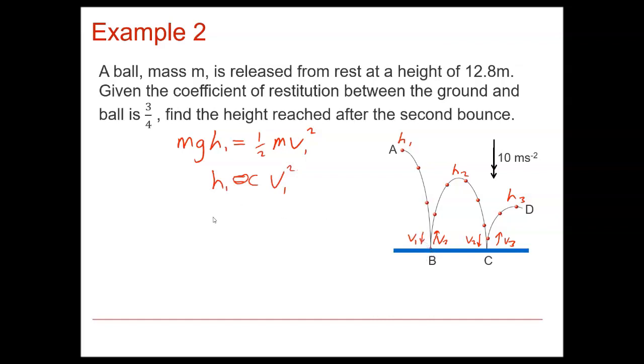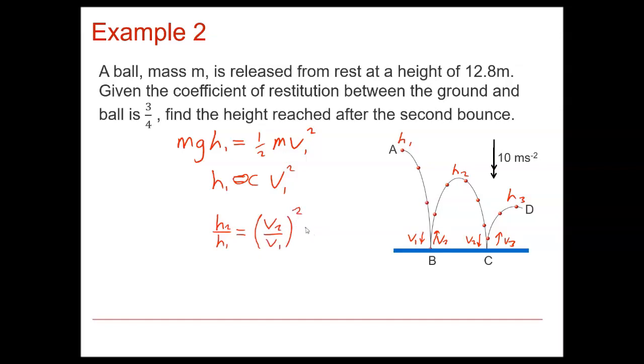And that means if I'm thinking about ratios, for example h2 over h1, that must be equal, not proportional now, equal to v2 squared over v1 squared, which is the same as v2 over v1 all squared.